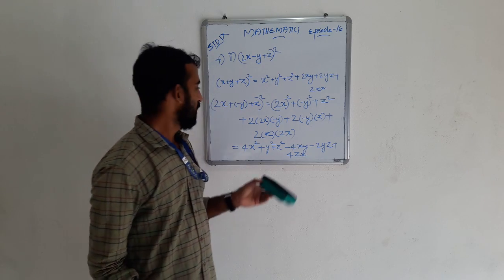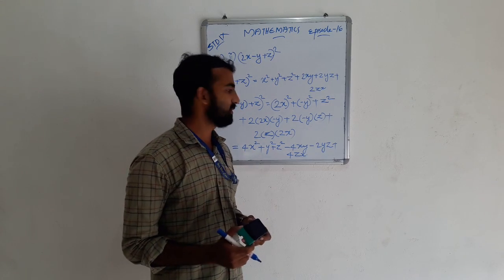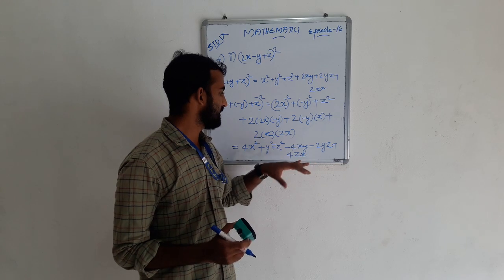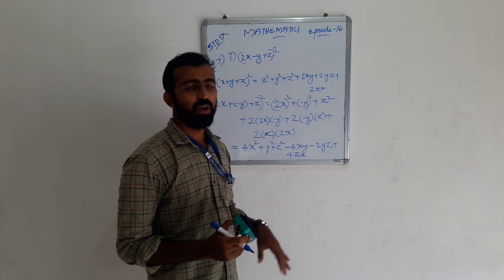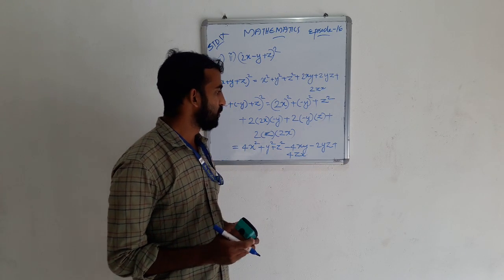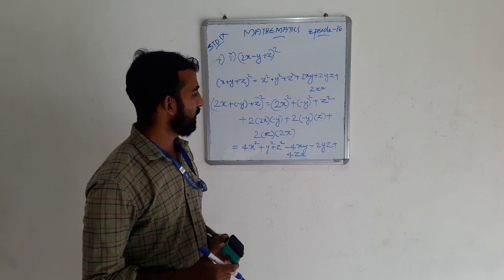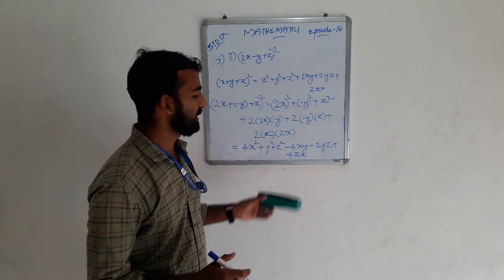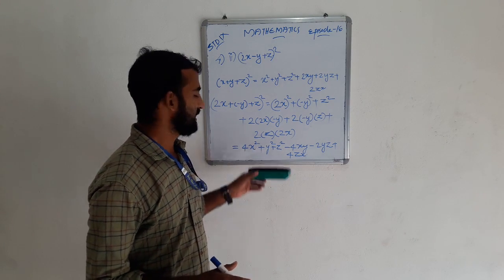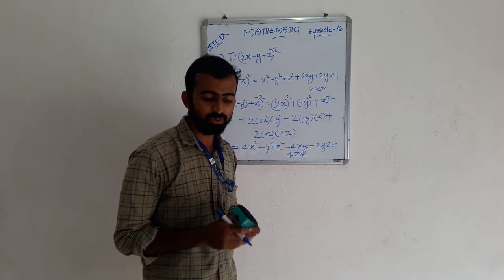That is, the answer is 4x square plus y square plus z square minus 4xy minus 2yz plus 4zx. That is the answer for second one.